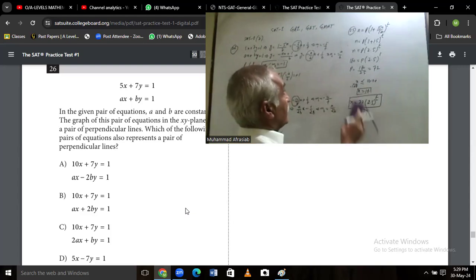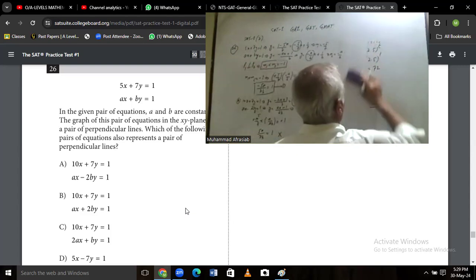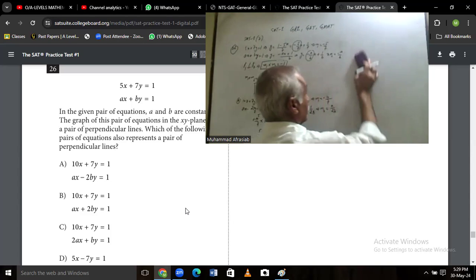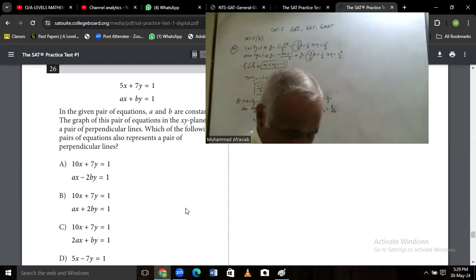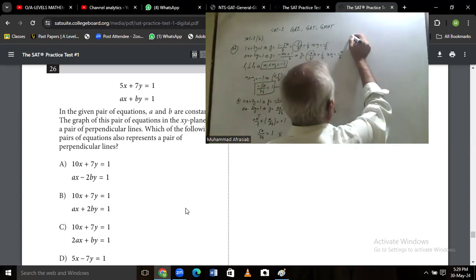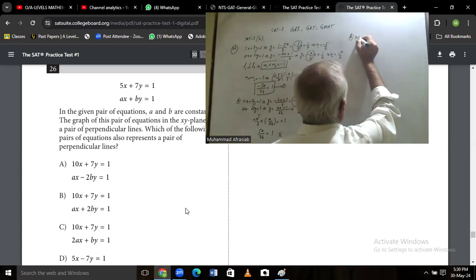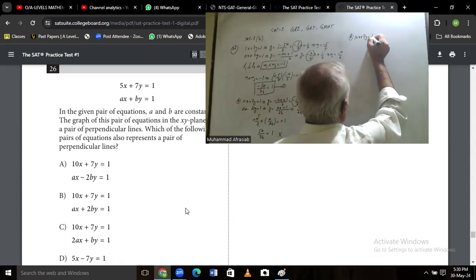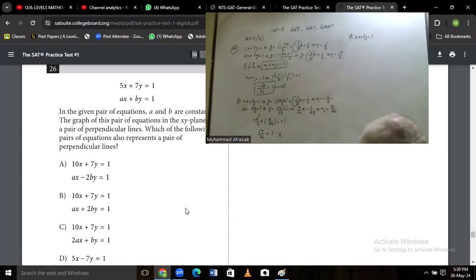Now we check the second option of it. Option B is 10x plus 7y is equal to 1 and ax plus 2by is equal to 1.